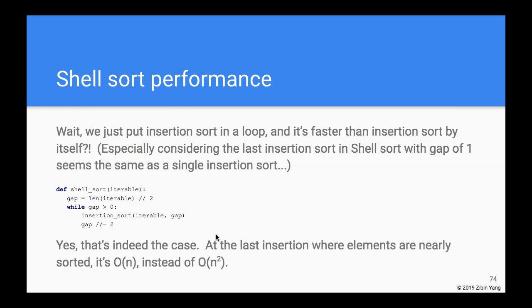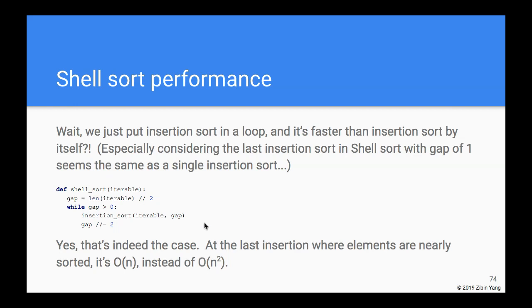When you think about this, it may not make a whole lot of sense, because we just put an insertion sort in a loop, and somehow that makes it much faster than a single insertion sort, right?